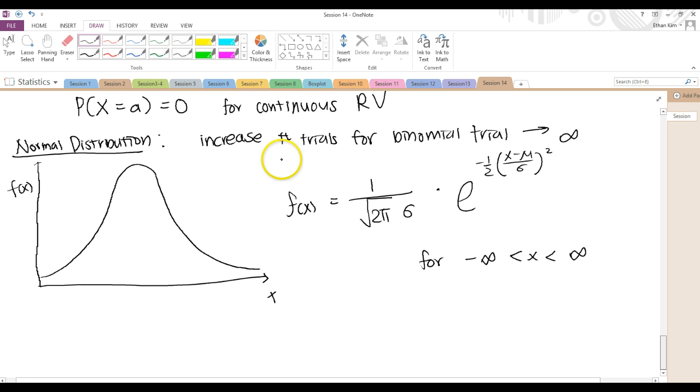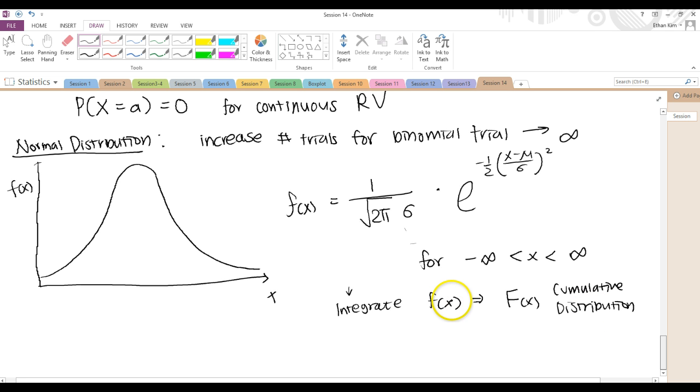And the reason why we have a probability density function is that, I'm not sure if you took calculus, if you integrate this, we get something called capital F of x, which is the cumulative distribution function, or the CDF, and this exactly tells you the probability that X is less than or equal to little x.